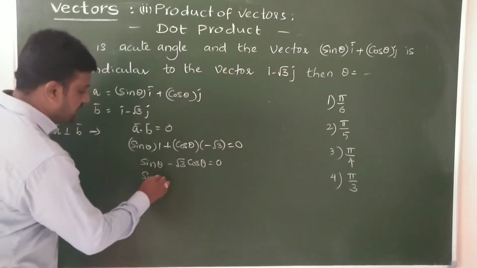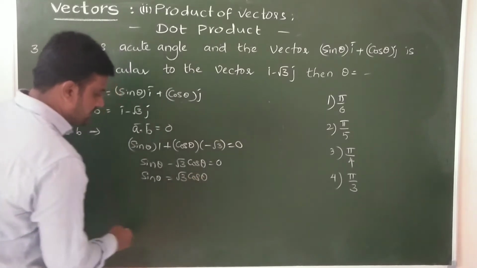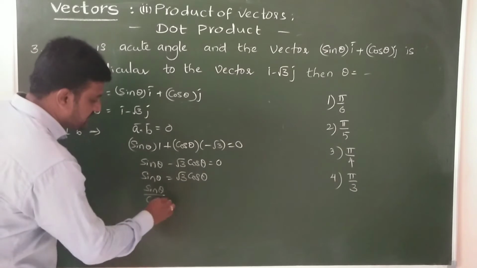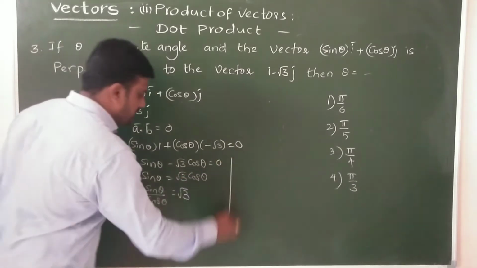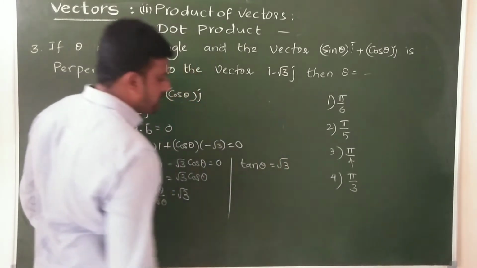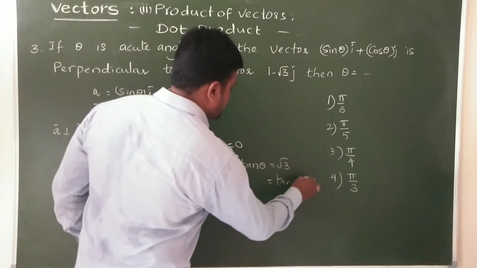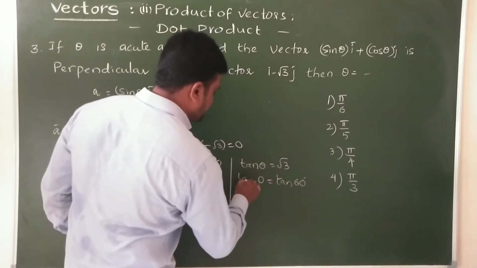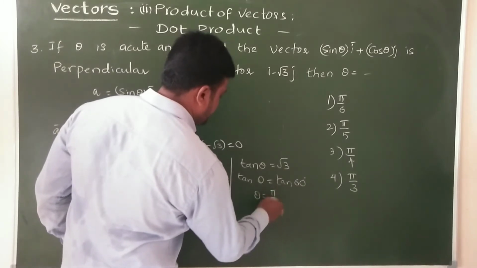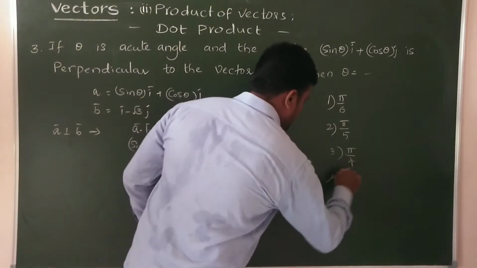Then sin theta equals root 3 cos theta. Then sin theta by cos theta equals root 3, so tan theta equals root 3. Then theta is 60 degrees, that is pi by 3. Now our option is the fourth one.